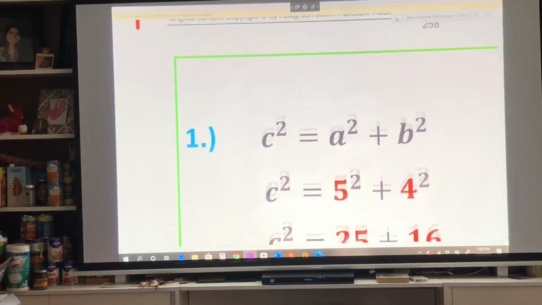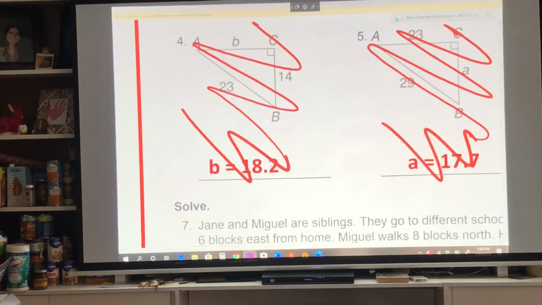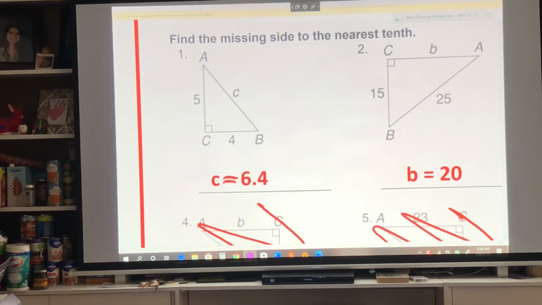All right, so we plugged in what we know. Hope I'm not making anybody seasick here. We know that, I thought I crossed these out. We're going to call either one of these A and B, and we're finding C. Okay, so we plug them in.